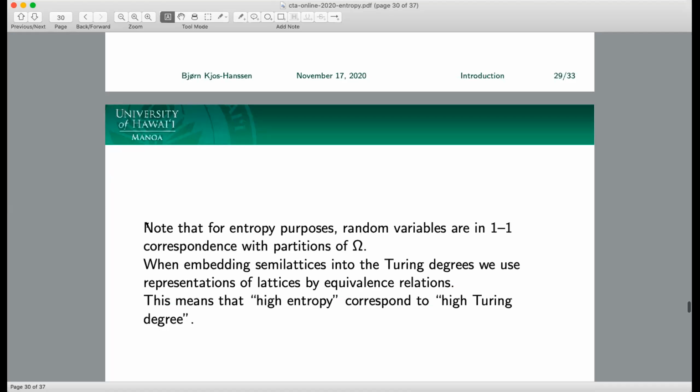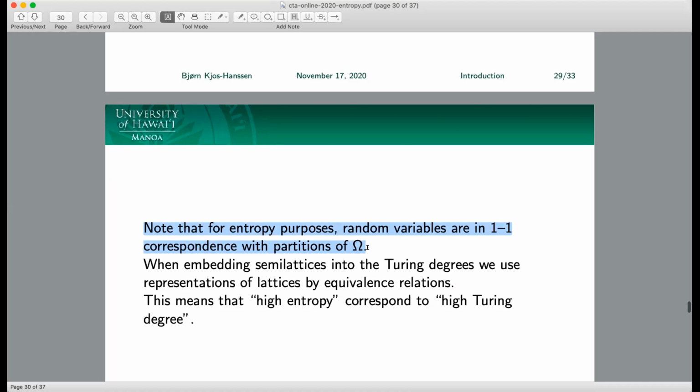Okay, so here's something interesting, related to computability theory. A random variable in a way just corresponds to a partition of this set omega, because we have finitely many outcomes.